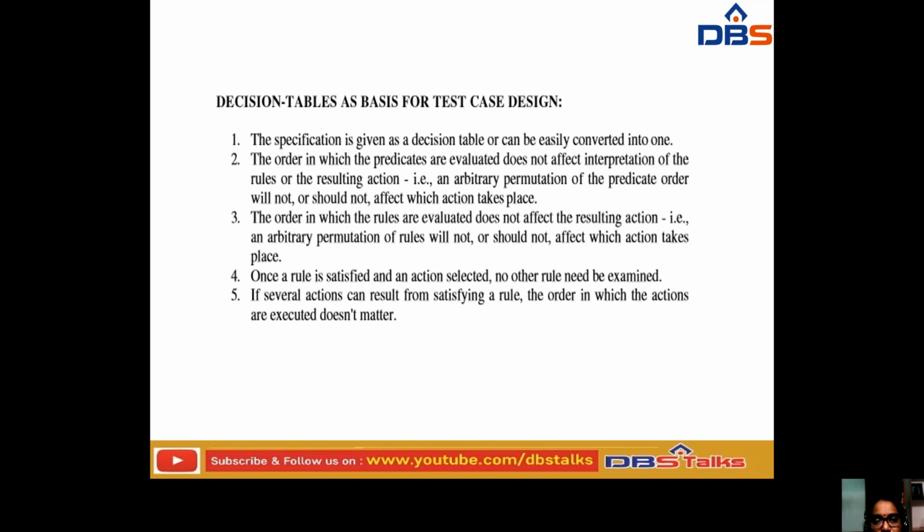The order in which the rules are evaluated does not affect the resulting action either. Once a rule is satisfied and an action selected, no other rule need be examined. If several actions can result from satisfying a rule, the order in which the actions are executed does not matter.